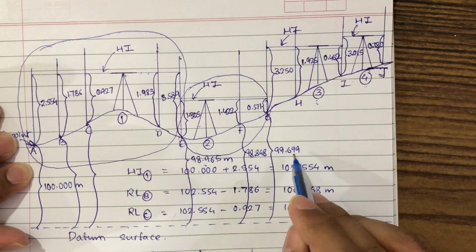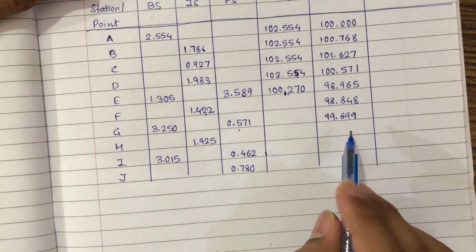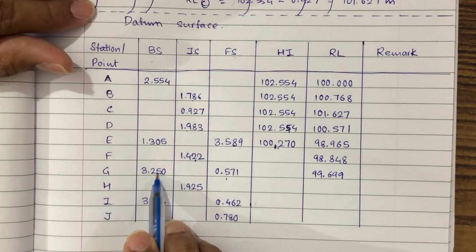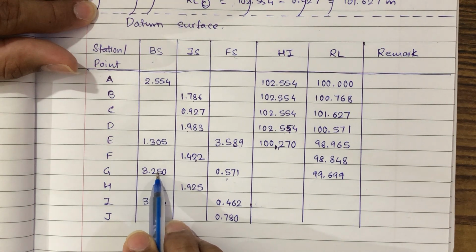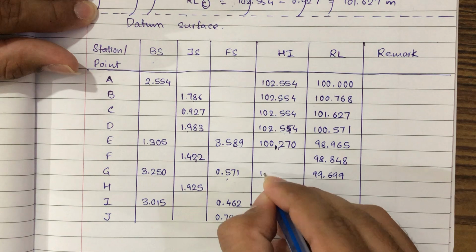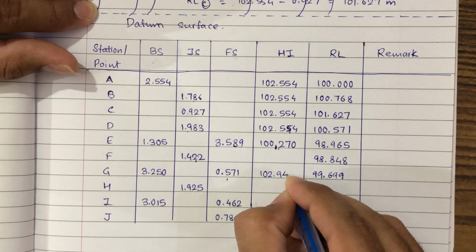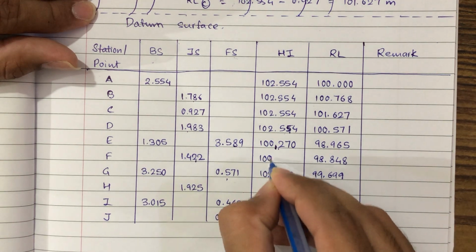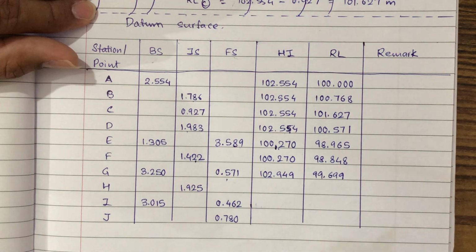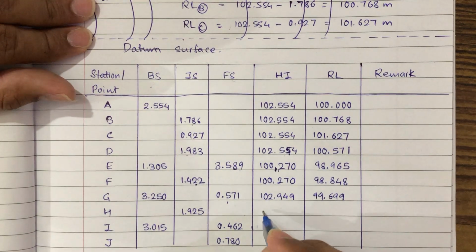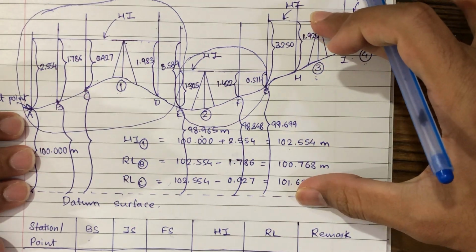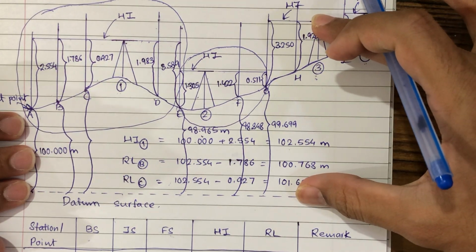That comes out to 102.949. So this is the new height of instrument, that is 102.949, this total height.